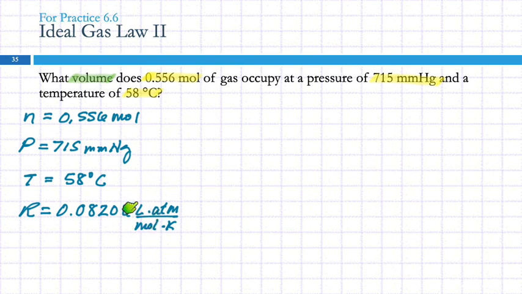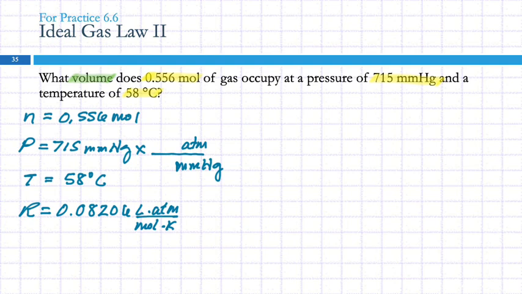The units on the ideal gas constant tell me what units I have to use for the other things. Do I have all the correct units? No, I don't. I have pressure in millimeters of mercury, so I'm going to have to convert that to atmospheres. So multiply by atmospheres, divide by millimeters of mercury.